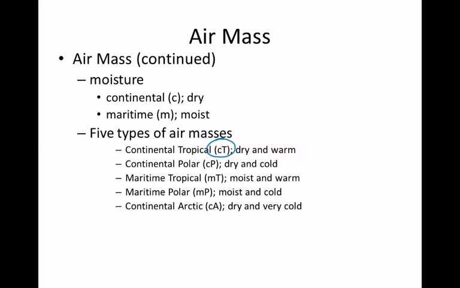So hopefully when I say Continental Tropical, lowercase c, uppercase T, you're thinking Continental Dry and Tropical Warm. Continental Polar, Dry, Cold. Maritime Tropical, Moist, Warm. Maritime Polar, Moist, Cold. Continental Arctic, Dry, Bitterly Cold.